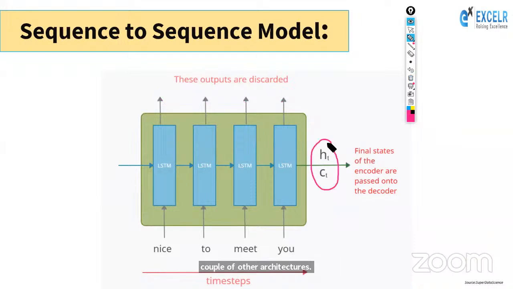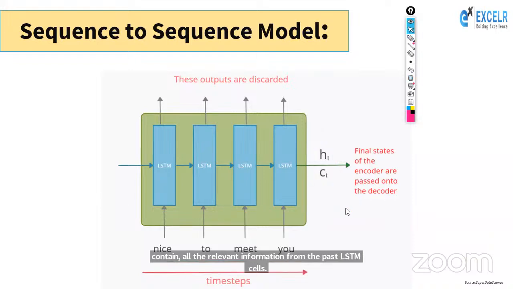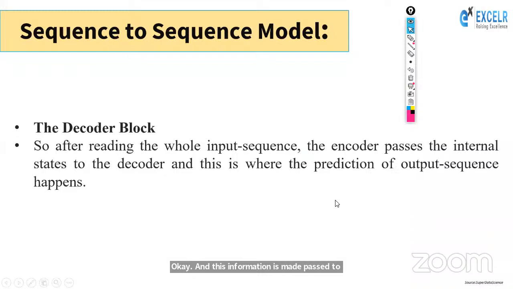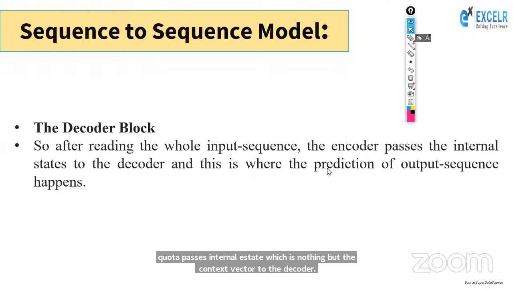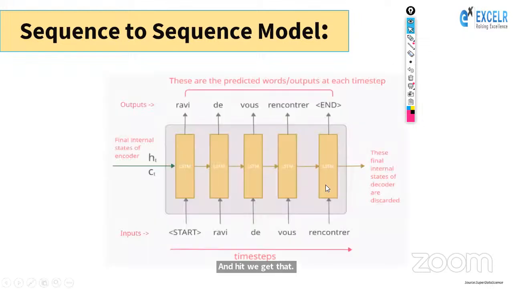So we have a context vector, which is assumed to contain all the relevant information from the past LSTM cells, right? And this information is passed to the decoder part. So after reading the whole input sequence, the encoder passes the internal state, which is nothing but the context vector, to the decoder. And here we get the prediction as the output sequence.